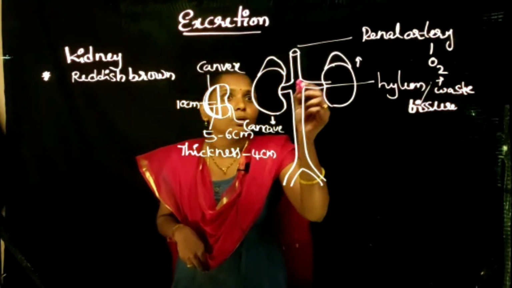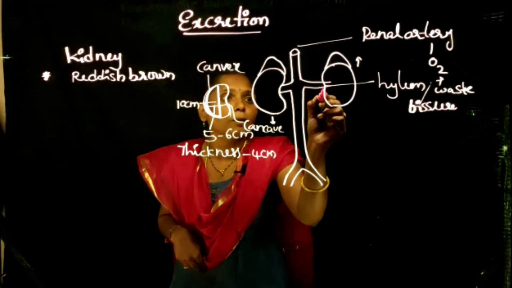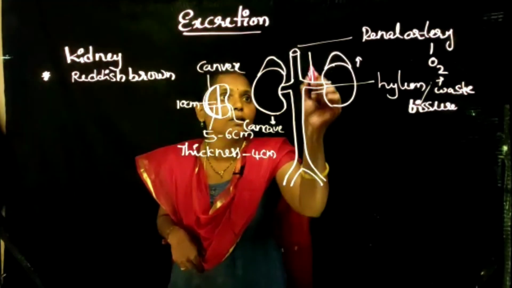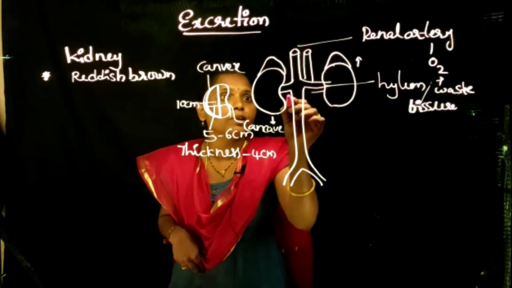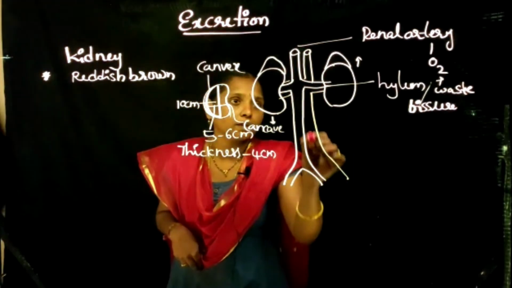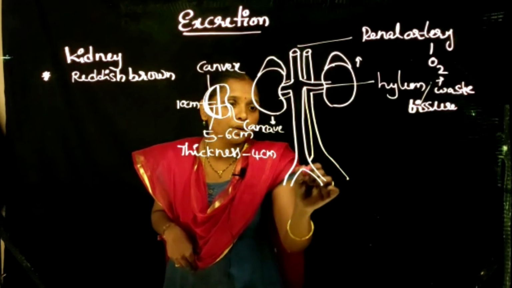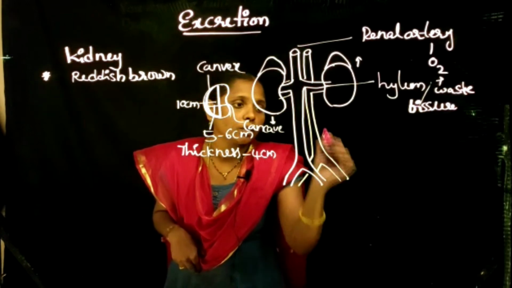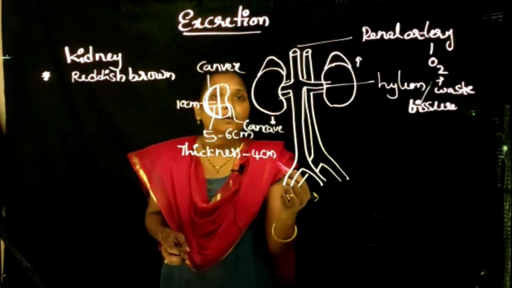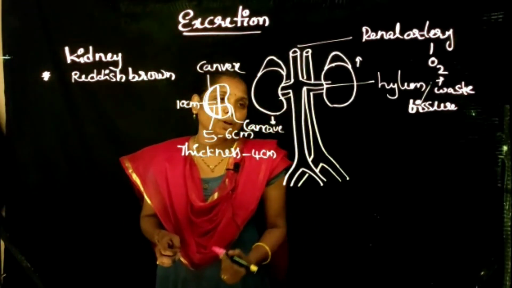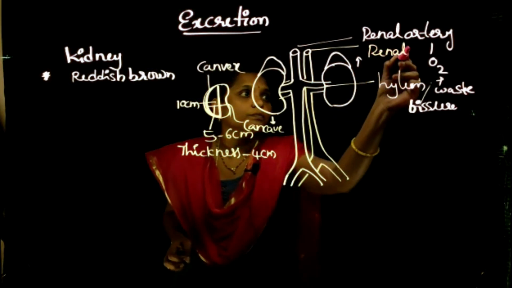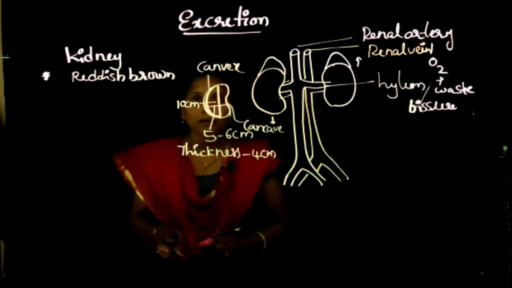One blood vessel coming out from the hilum region is called the renal vein. We know very well about veins. Veins are the blood vessels which take deoxygenated blood from every organ. So this is the renal vein.